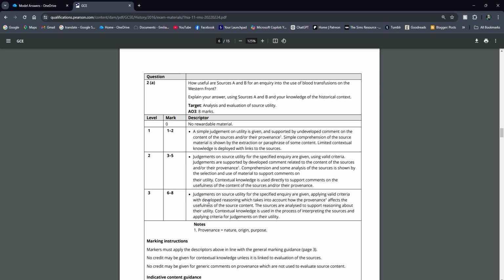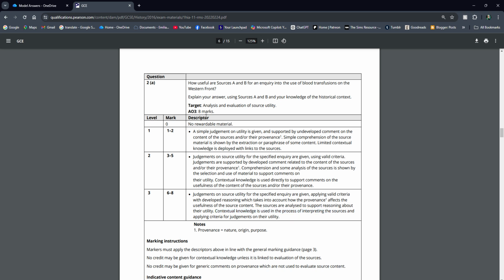For the top end, it says judgments on source usefulness or utility are given, with developed reasoning that takes into account the provenance and why that impacts the source usefulness. We'll come to this in a minute. The sources are analysed to support reasoning, and then your own contextual knowledge is used to interpret the sources and judge the usefulness.